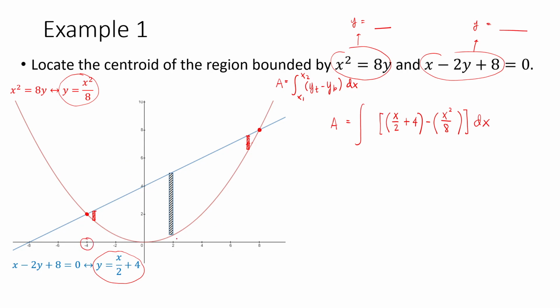So negative 4 going towards 8. This one is negative 4, then going towards 8. Alright, at this point, since you are now allowed to use your calculator, you can just plug this one in your calculator.